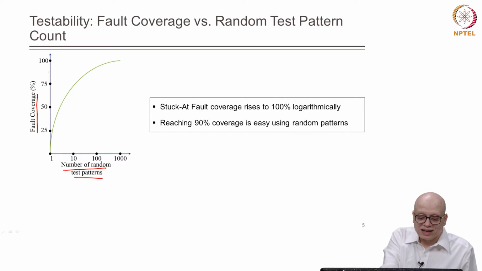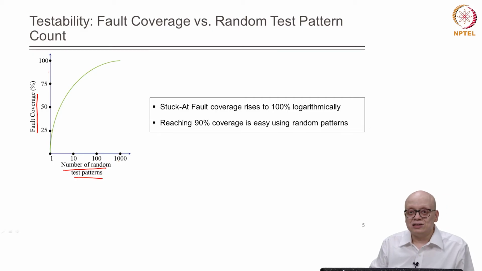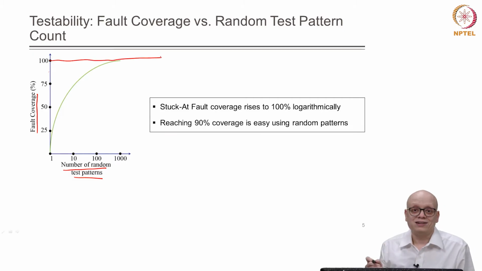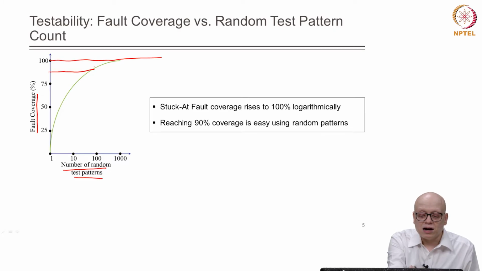Note that the x-axis is logarithmic, right. For many kinds of circuits we will see this kind of behavior or this kind of curve. Now, what can we infer from this curve? We can infer that the stuck-at fault coverage rises to 100%, logarithmically, right. And reaching 85-90% of the coverage is pretty easy. It will require say hundreds of patterns or in that range, right.